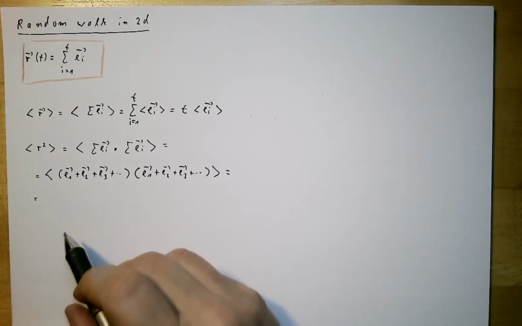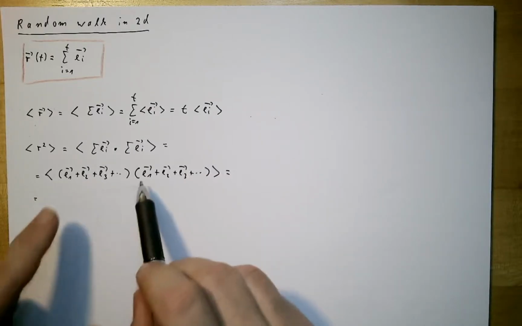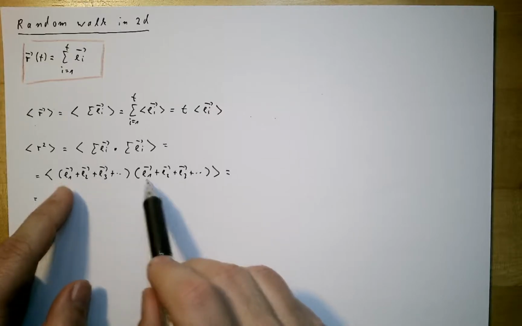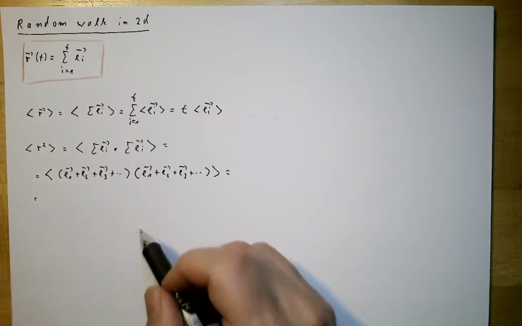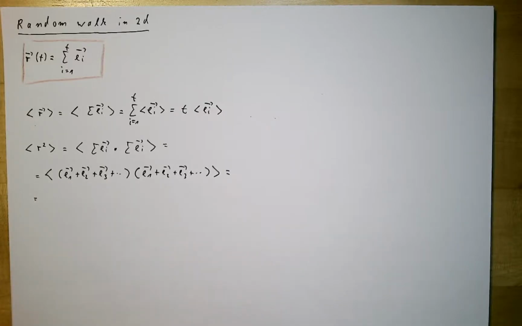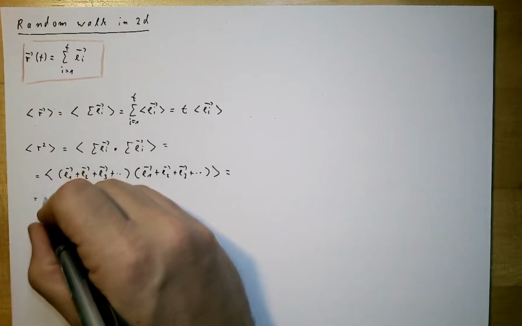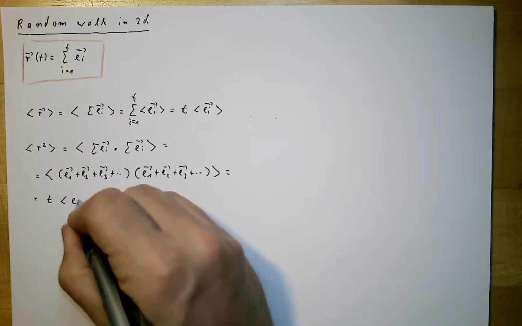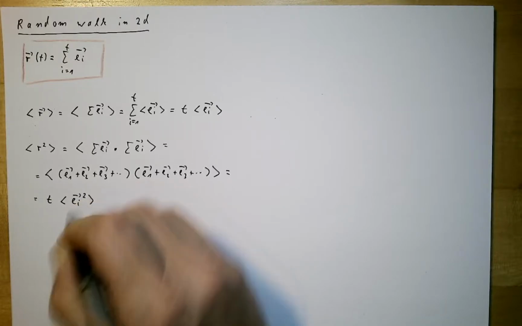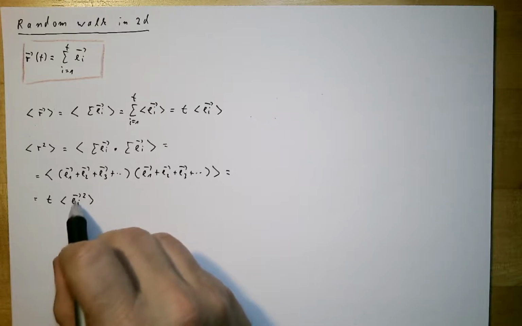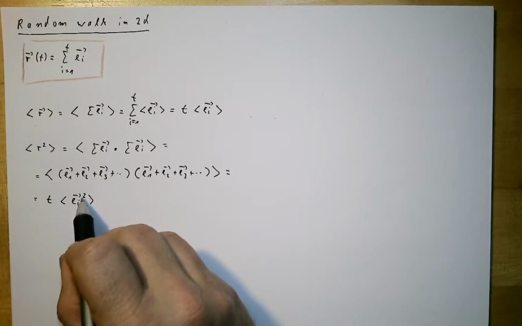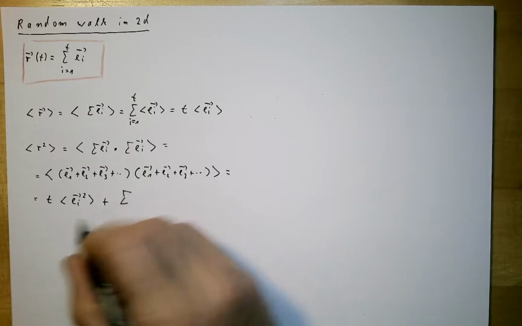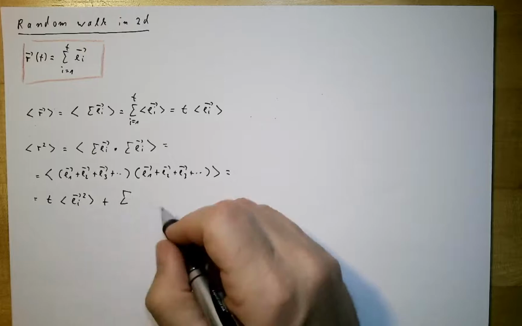And then, as before, we can take out in this product the terms where we always multiply the increments of the same indices, and this gives then t times the scalar product of an increment with itself, so the second moment of the increments.